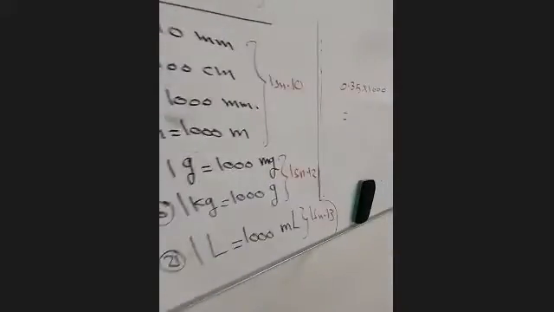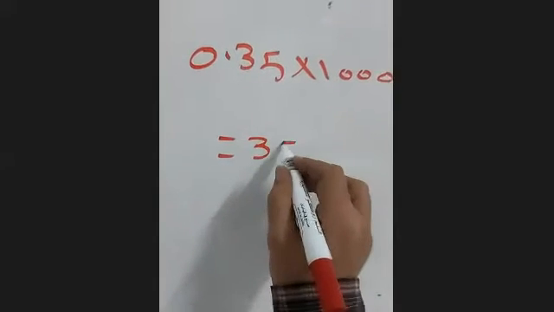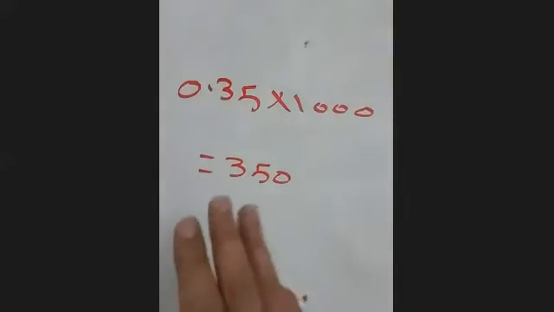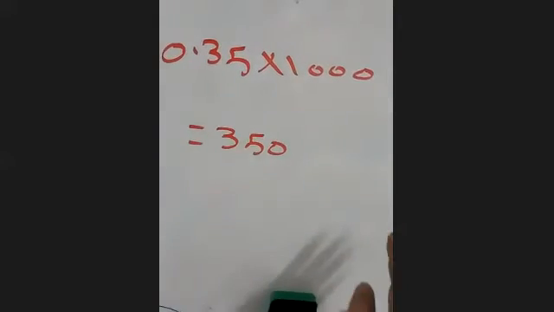Do you understand me? Hello? But now 350, they said each one milliliter means 3.5 cubic centimeter.